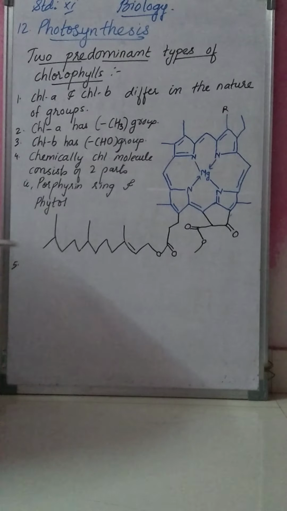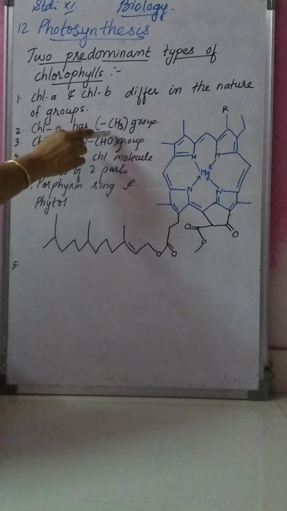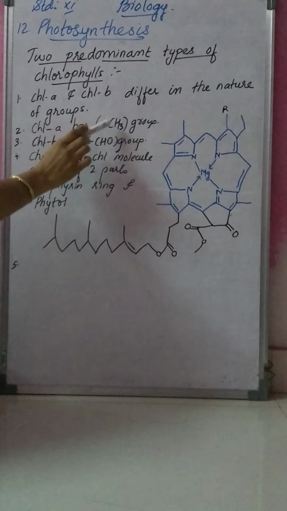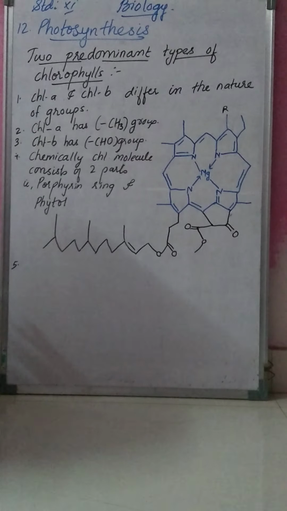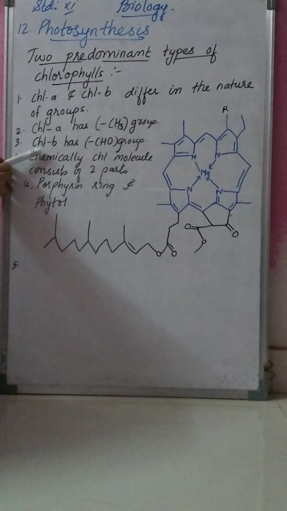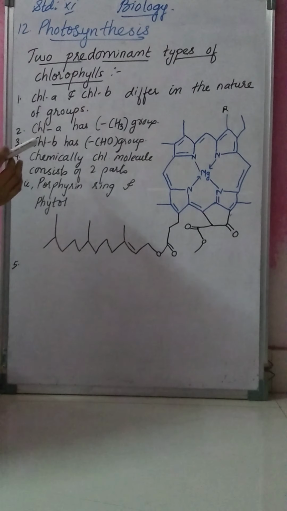Chlorophyll A has a methyl group, that is CH3 group, whereas chlorophyll B has an aldehyde group, that is CHO group.